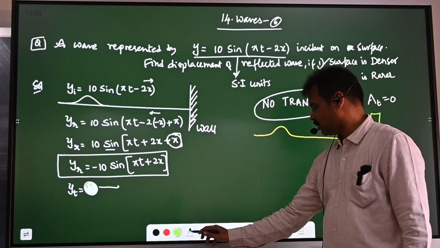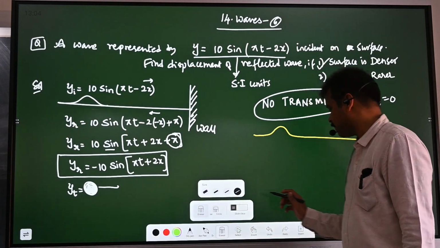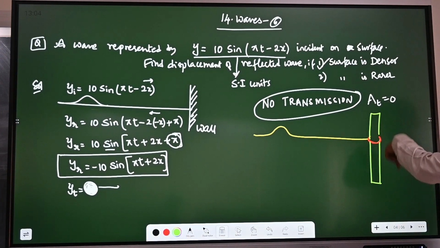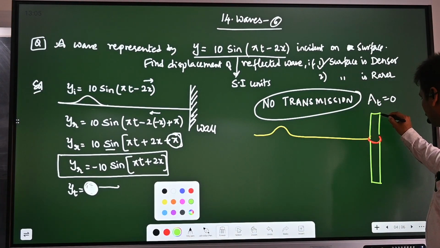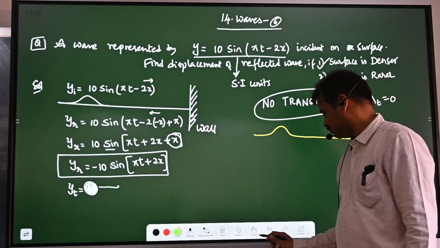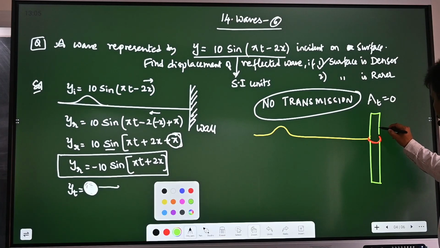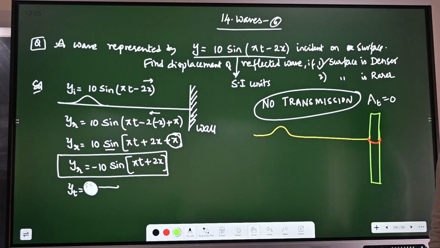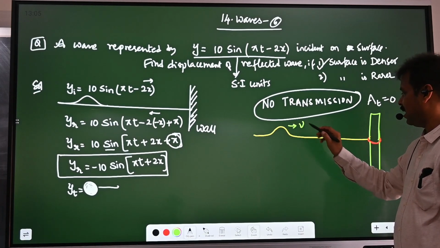Clear, students? On the rod we have kept one ring, and to the ring we are connecting the string. So now when the pulse is created, it travels like this with a velocity v.